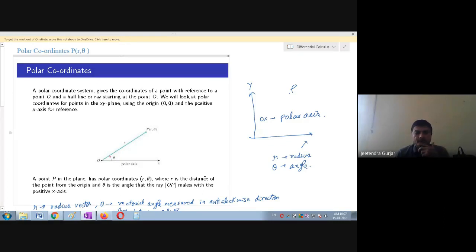Next, a point P in the plane has polar coordinates r, theta, where r is the distance of the point from the origin, and theta is the angle that the ray OP makes with the positive axis. So please remember, this is a small introduction.